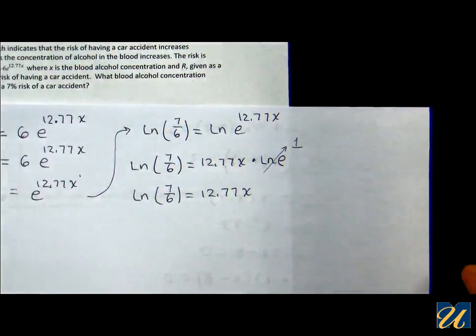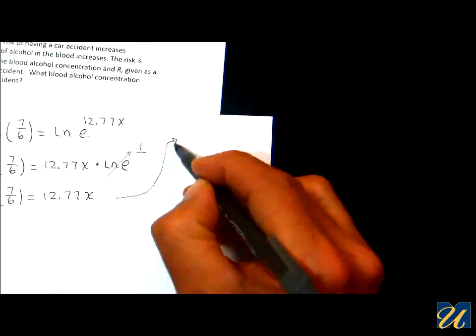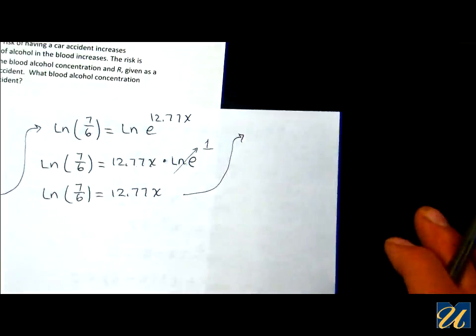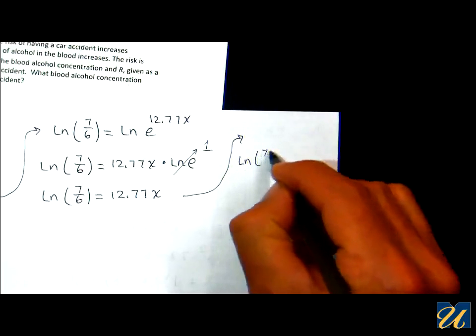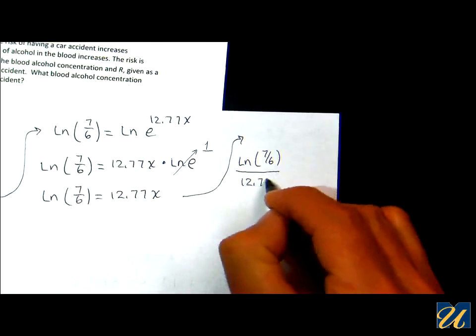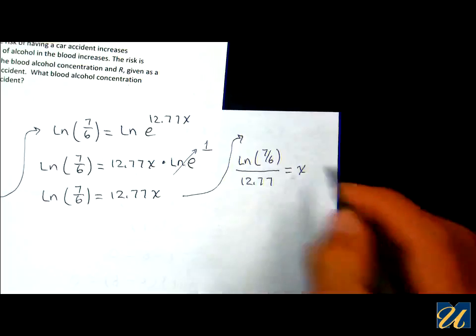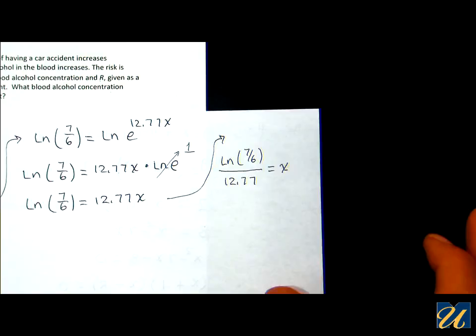In other words, we can just divide both sides by 12.77. So we got the natural log of 7/6 divided by 12.77 is our x, our blood alcohol concentration.